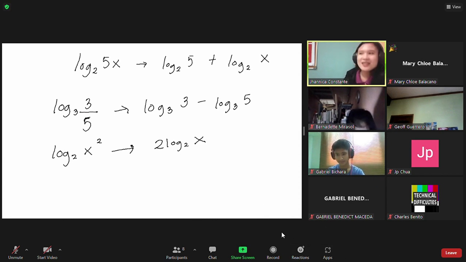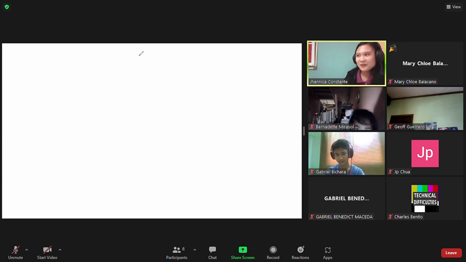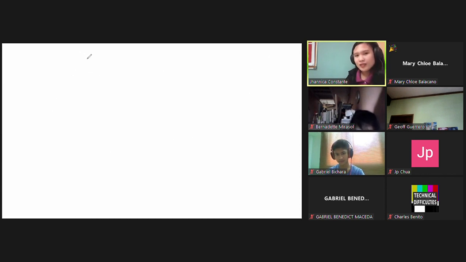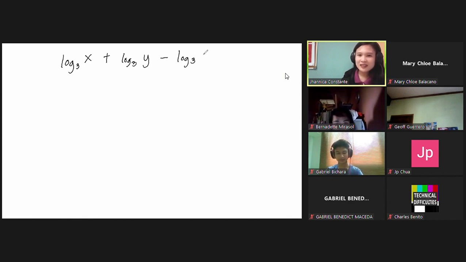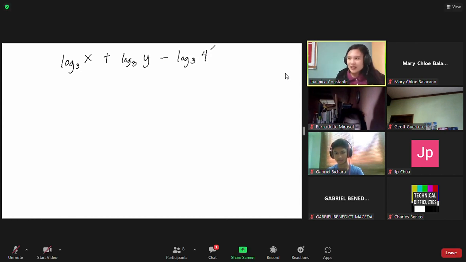So let's proceed with condensing logarithmic functions. For example, we're going to condense this logarithmic function applying all the rules that we have: log 3x plus log 3y minus log 4.